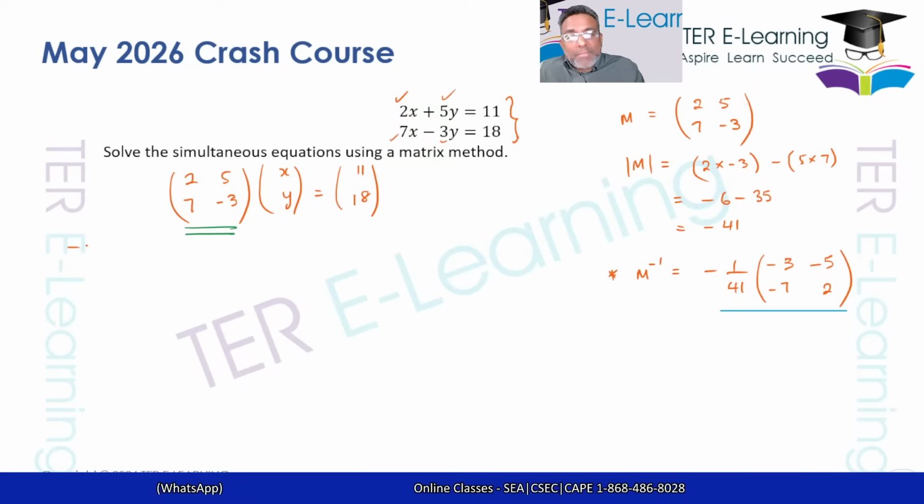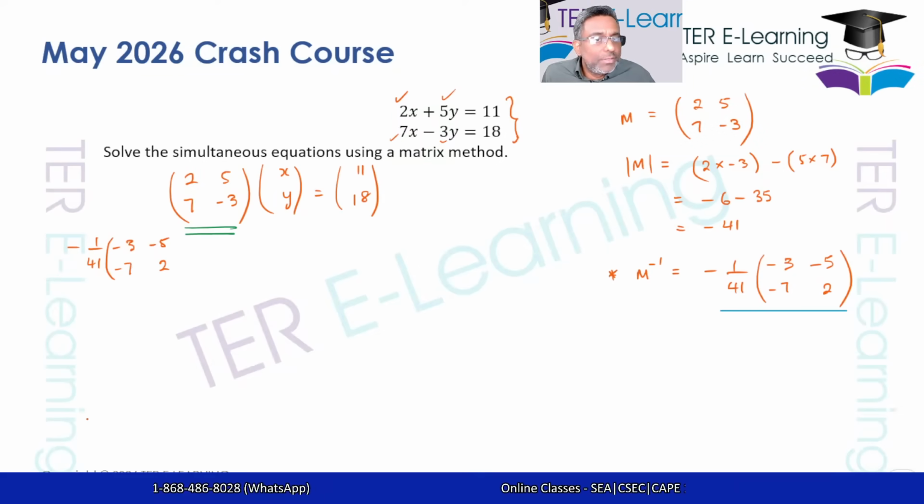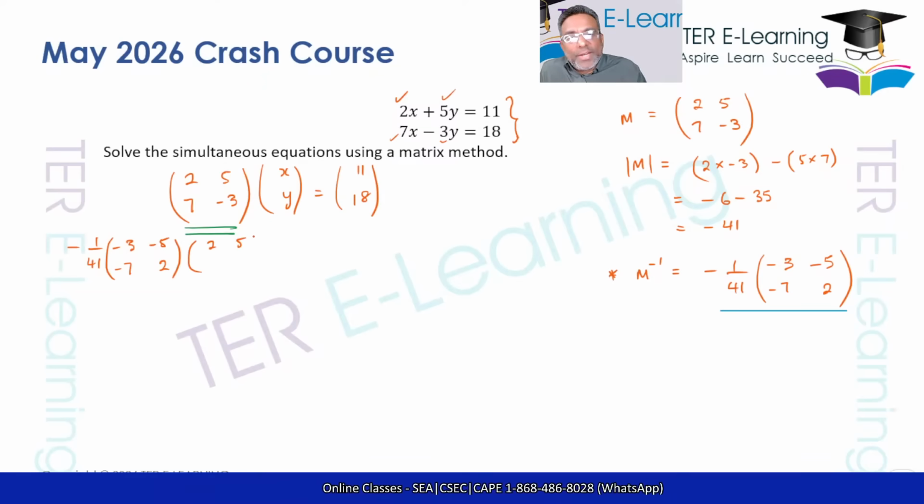So we're going to say minus 1 over 41. The inverse would have been minus 3, minus 5, minus 7 and 2. And here will be 2, 5, 7, minus 3.